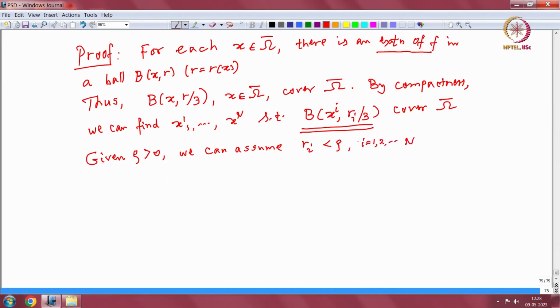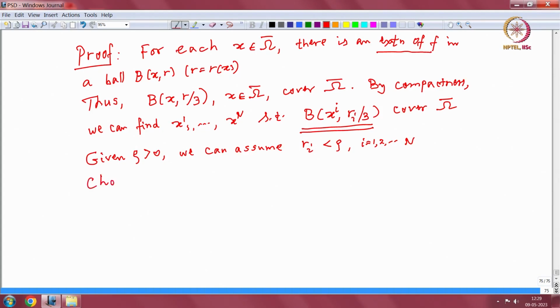Smaller the radius, there is no problem. Now from each extension of f in these balls we want to combine everything and get an extension in omega rho. That is our aim.